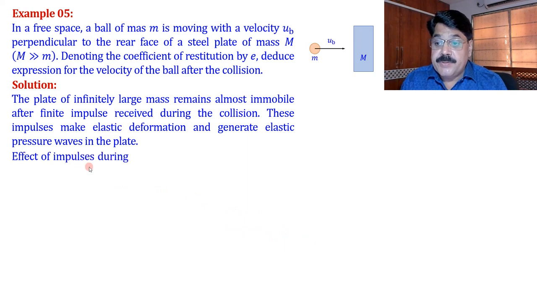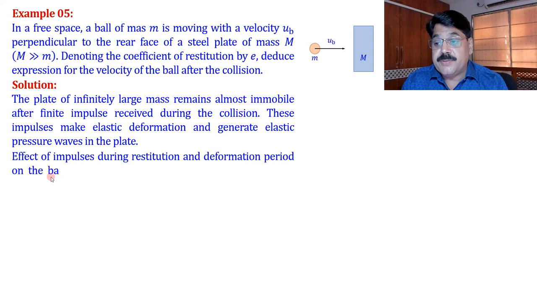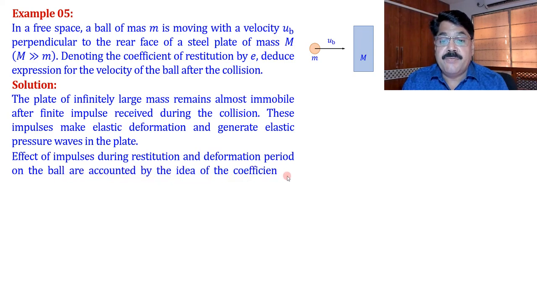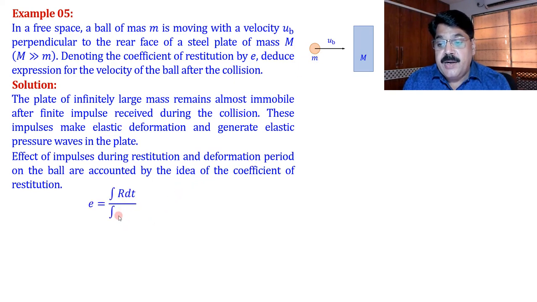The effect of impulse during the restitution and deformation period on the ball is accounted for by the idea of the coefficient of restitution. So here the idea of E will help us find the velocity of the ball. E is equal to the integral of R dt upon the integral of D dt, and for the ball this will be U minus Vb upon Ub minus U. What is Vb?